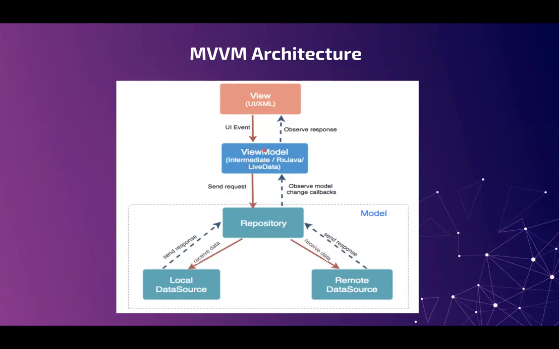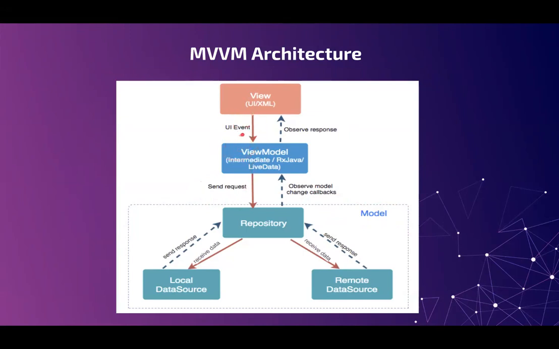The view model, based on that event, will send a request to the model. The model layer is then connected by these UI events.